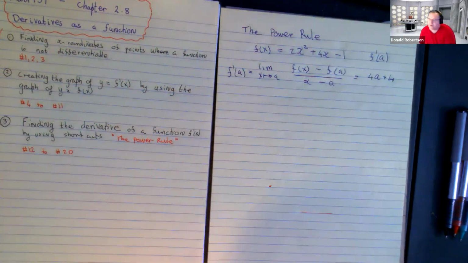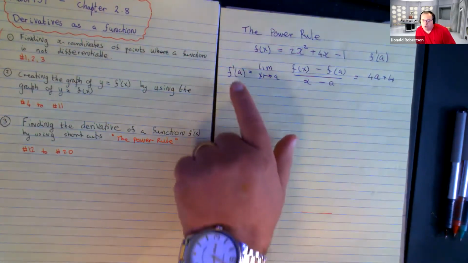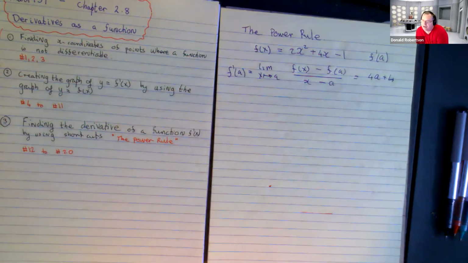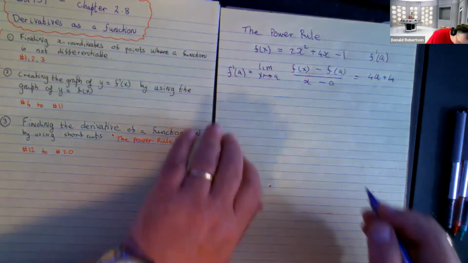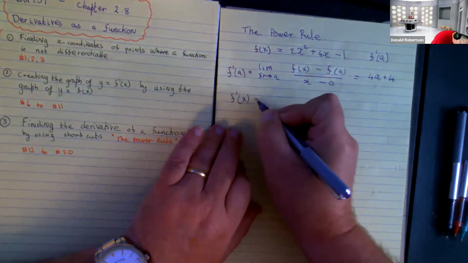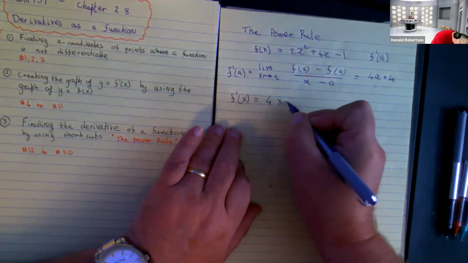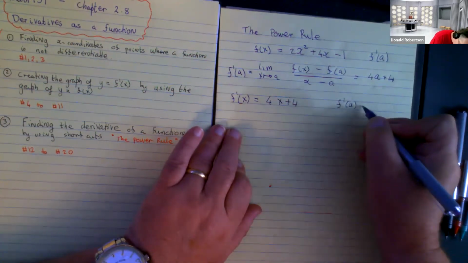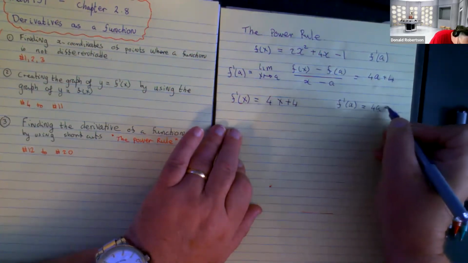Are you comfortable? You've done a lot of these, probably more with numbers here, but apart from that, you've done lots of these, and they are very time consuming. So this is a small change, but it's important. We will call it f dash of x is 4x add 4 instead of f dash of a is 4a plus 4.